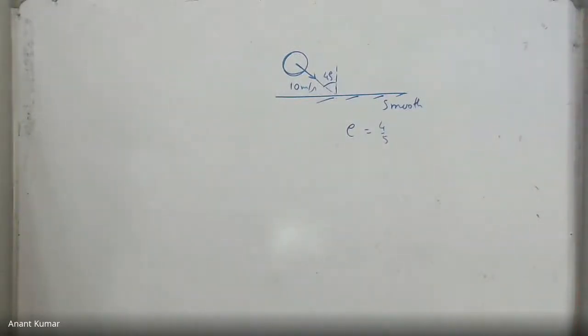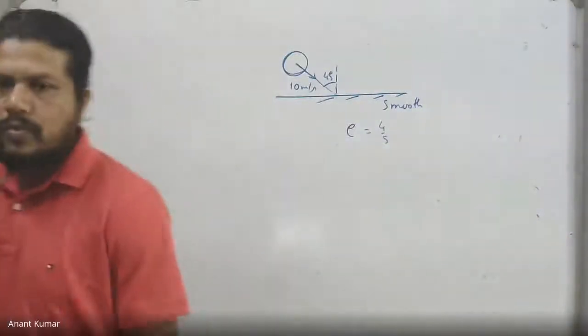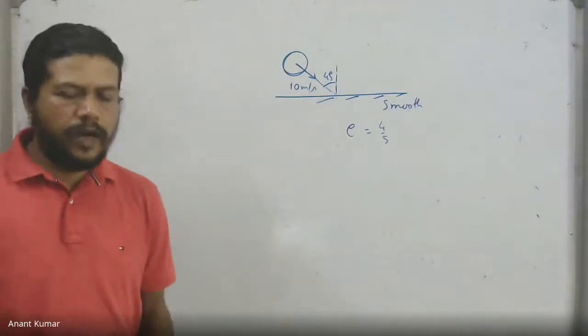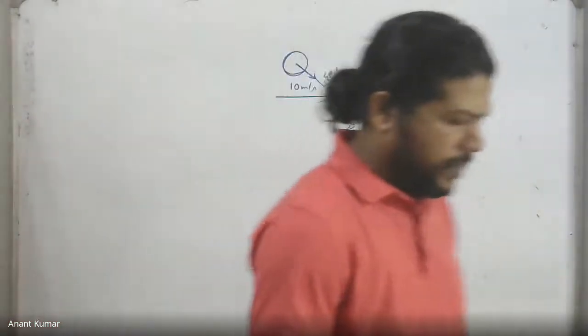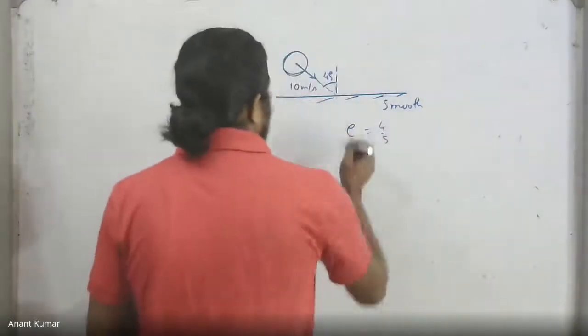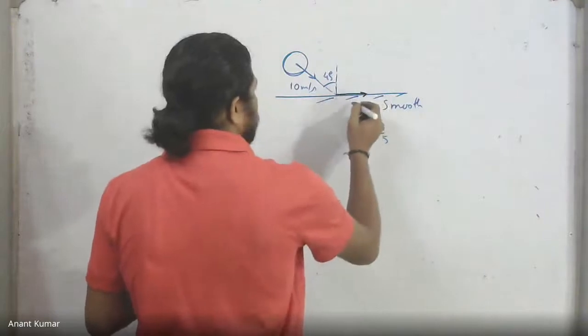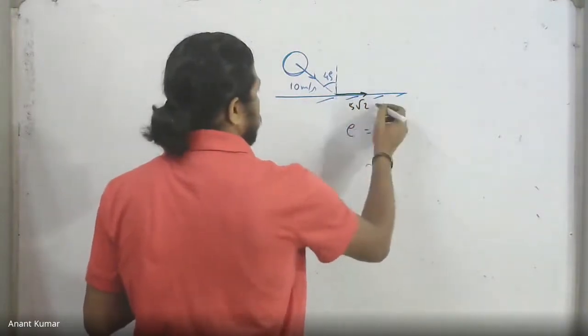Horizontal velocity remains 5 root 2, so we can figure out the speed as the square root of the two velocities squared, and the direction is also known, isn't it? In this case, this velocity remains after the collision, 5 root 2 meter per second.